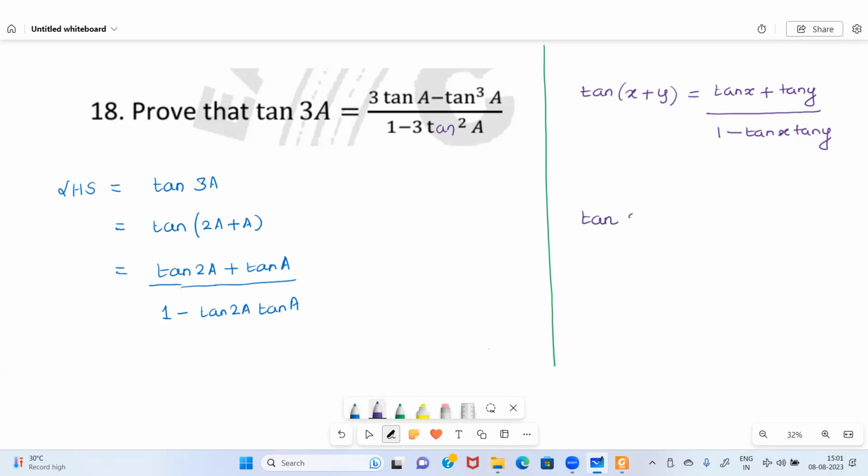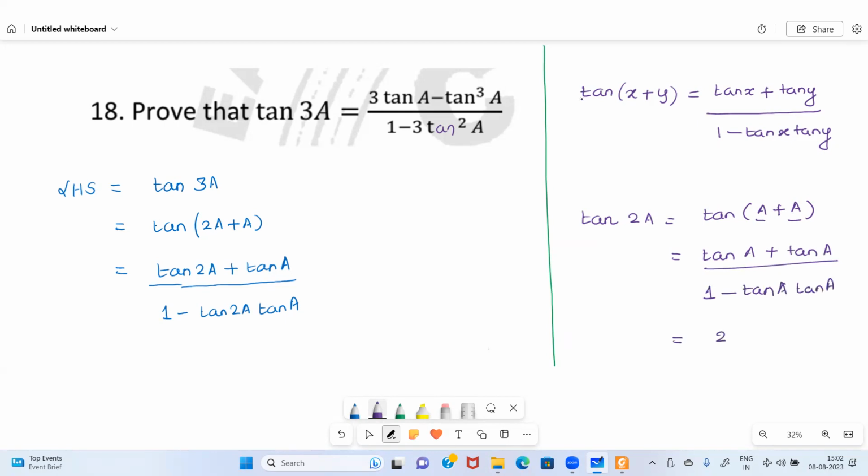So from tan of x plus y, we can also find tan 2a, right? What is tan 2a, students? It is nothing but tan of a plus a. You don't need to do the proof for tan 2a, you can just directly take it. But just for your understanding, I am doing it. So it is tan a plus tan a, because x and y are equal to a, divided by 1 minus tan a into tan a.